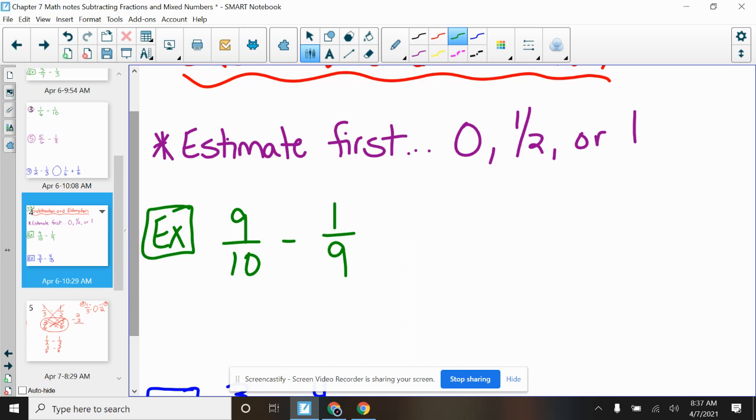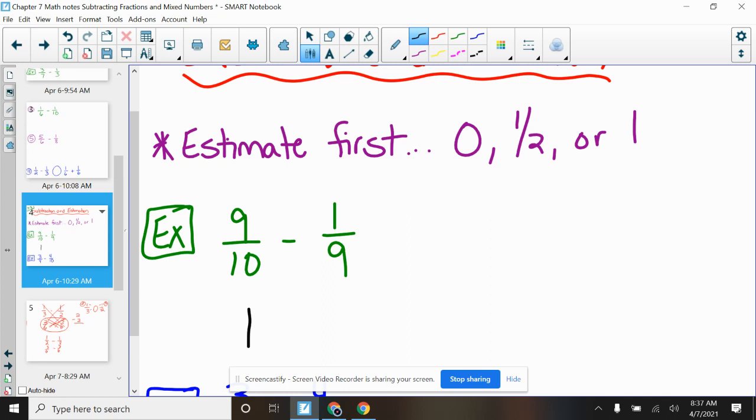Olivia, what would you estimate that one to be? 9/10. Would we all agree that 9/10 is closest to 1? Yes, because if the 9 on the top was a 10, 10/10 would be 1, right? So obviously 9/10 is closer to 1 than anything else.